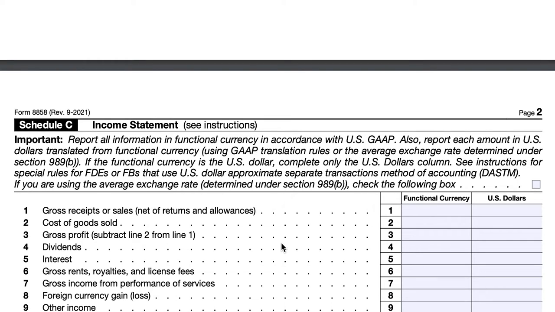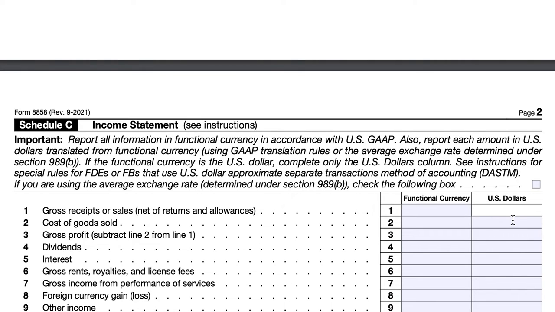In Schedule C, you're going to input income, basically your simple income statement, both in the country's functional currency and in the US dollar. So you're supposed to do this using GAAP rules, or you can also use the average exchange rate as determined under IRC section 989B. If the functional currency happens to be the dollar, you'll only complete this section.